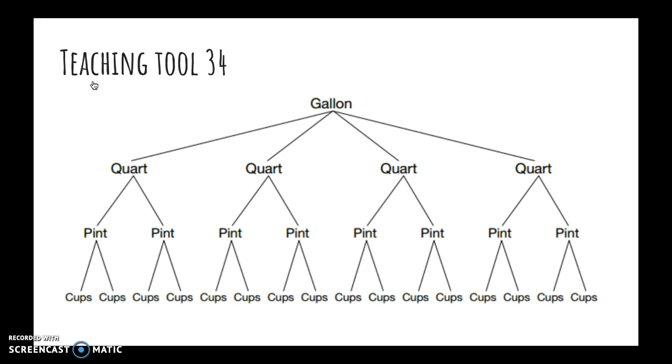So go ahead and try to see if you had 16 cups of soup, how many pints that would be. Then try to see how many quarts that would be. If you have 16 cups of soup, how many gallons is that equal to? Go ahead and write it down. I'll give you a minute or so to try.